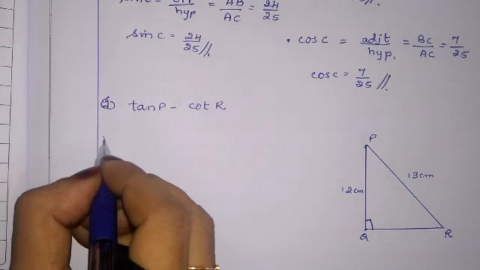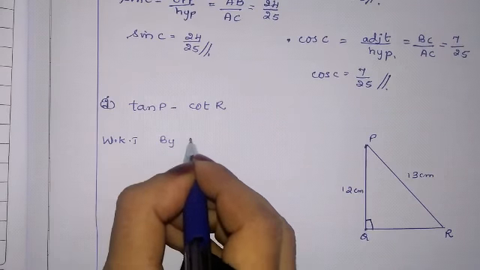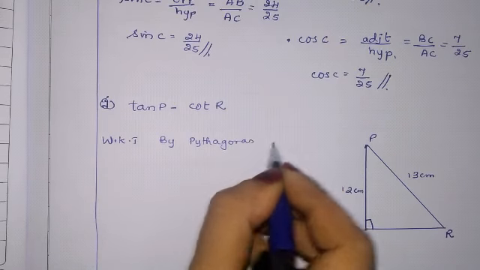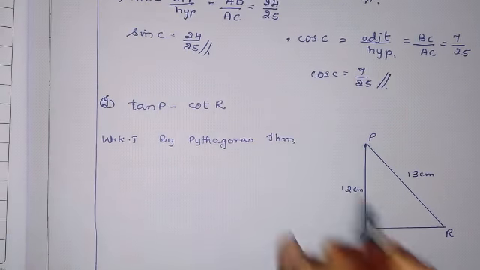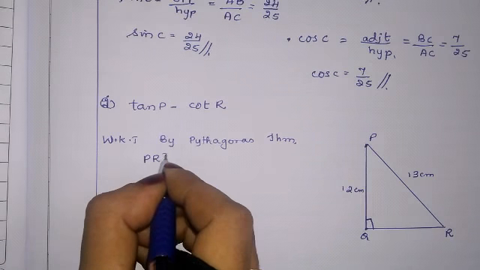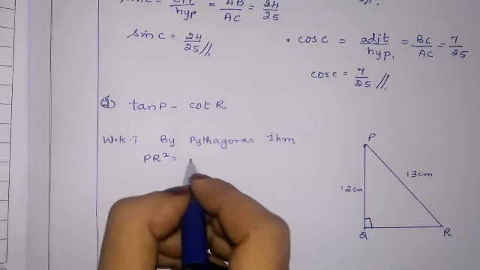We know that by Pythagoras theorem, PR square is equal to PQ square plus QR square.